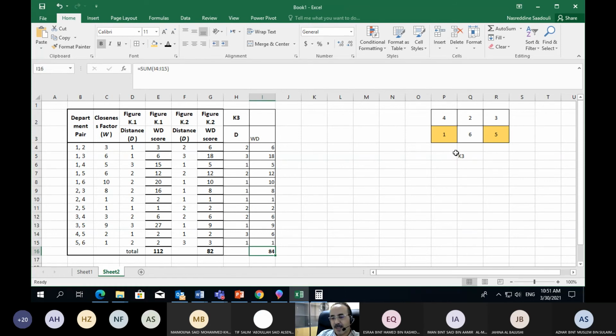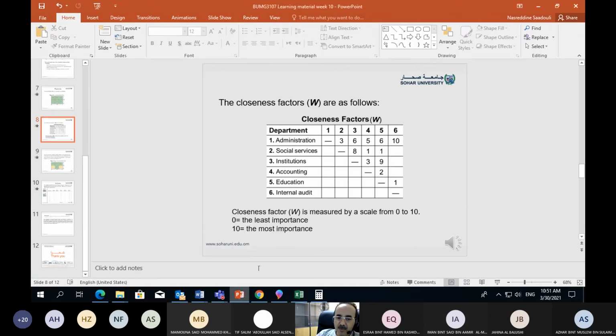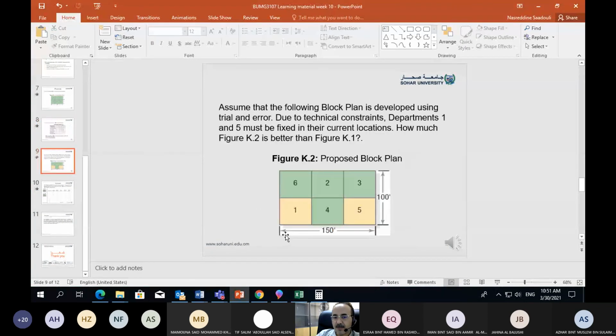And you can find out at that point what is the best allocation of these departments to the available space and find the optimal assignment. Other than that, we do what we are doing here, which is that I develop different block plans using primarily trial and error, because that's what we did here.